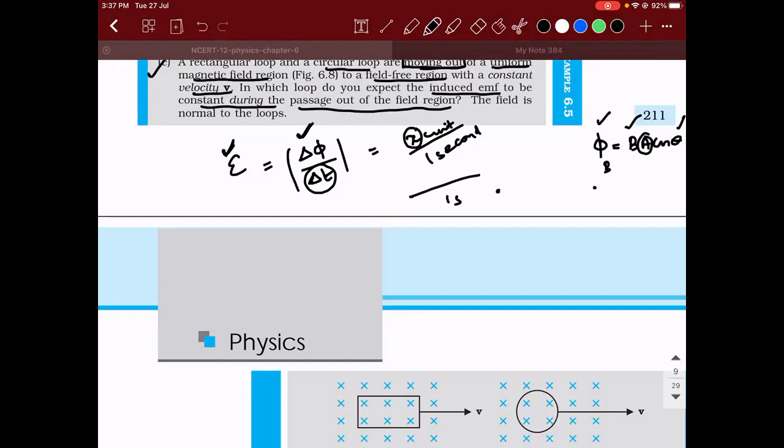Is it not supposed to be the same x? So between 2 seconds to 3 seconds, it should be the same x. So what I'm trying to say is, for every particular second that you're taking, the change in flux should be a constant for the EMF to remain a constant.